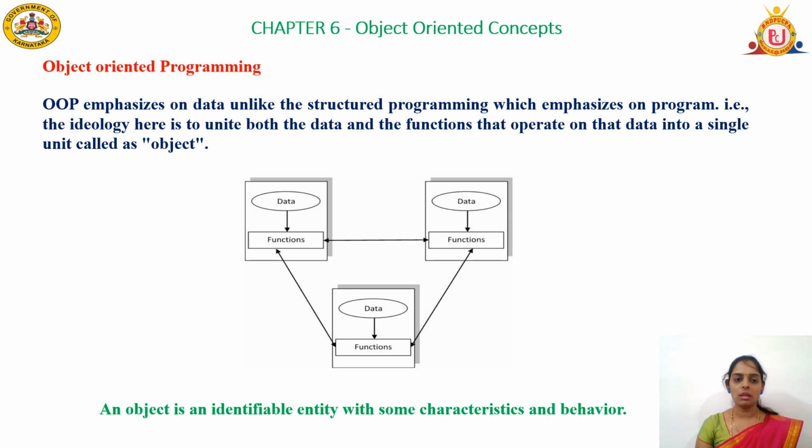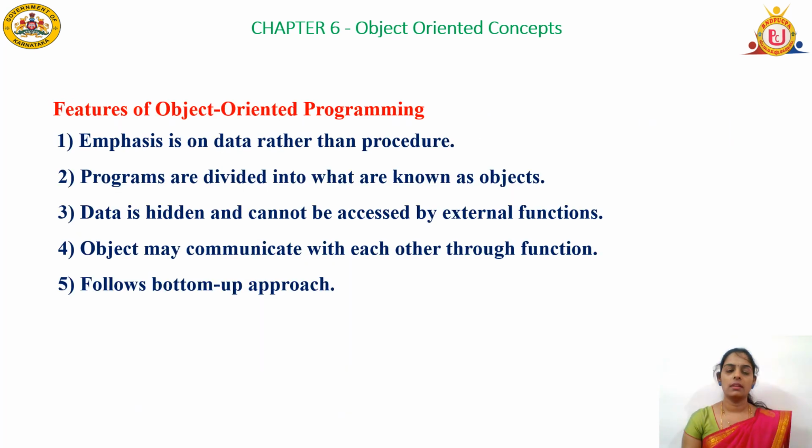An object is an identifiable entity with some characteristics and behavior. Next is features of object-oriented programming. We have already seen the features of structured programming, wherein the emphasis was given to the algorithm rather than the data. Programs were divided into smaller programs which were known as functions.